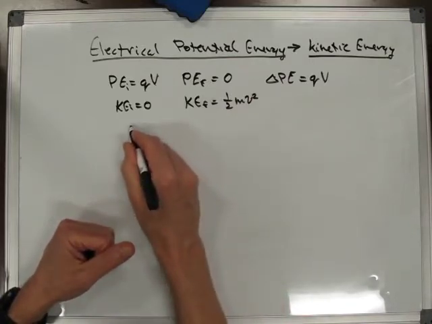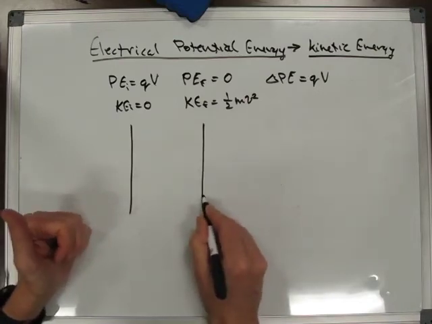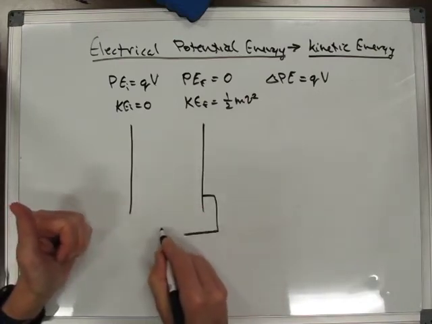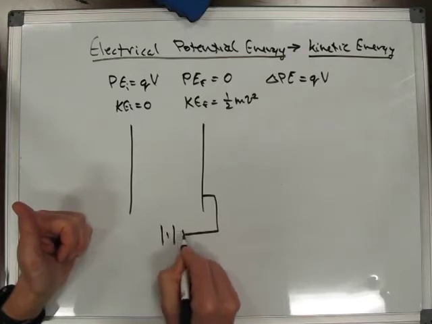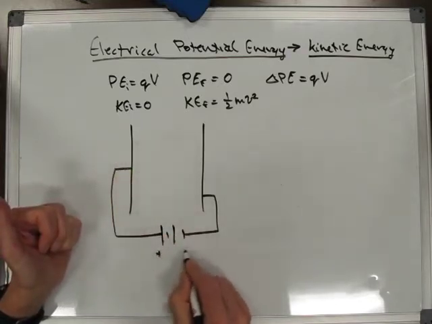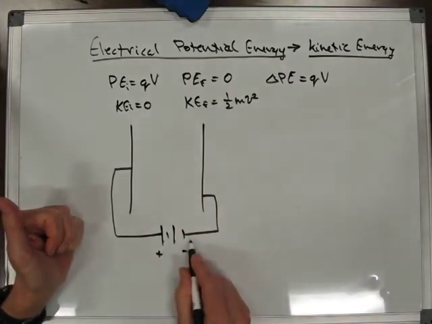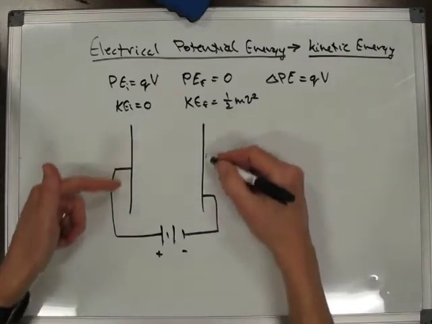We can have two plates here, say, that are connected to each other by a battery. By the way, this is the generic drawing of a battery. So this is the plus end of a battery, and this is the minus end of a battery, typically called ground. And I'm just attaching it to a metal plate.